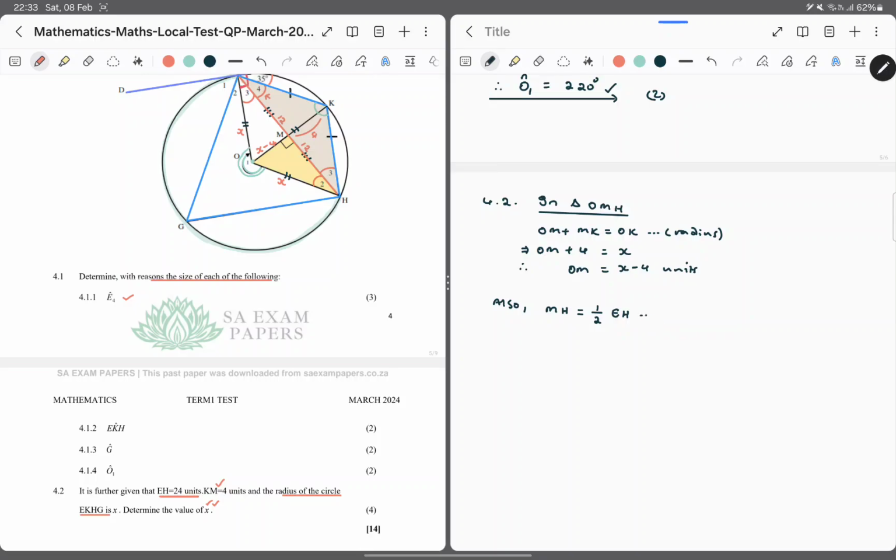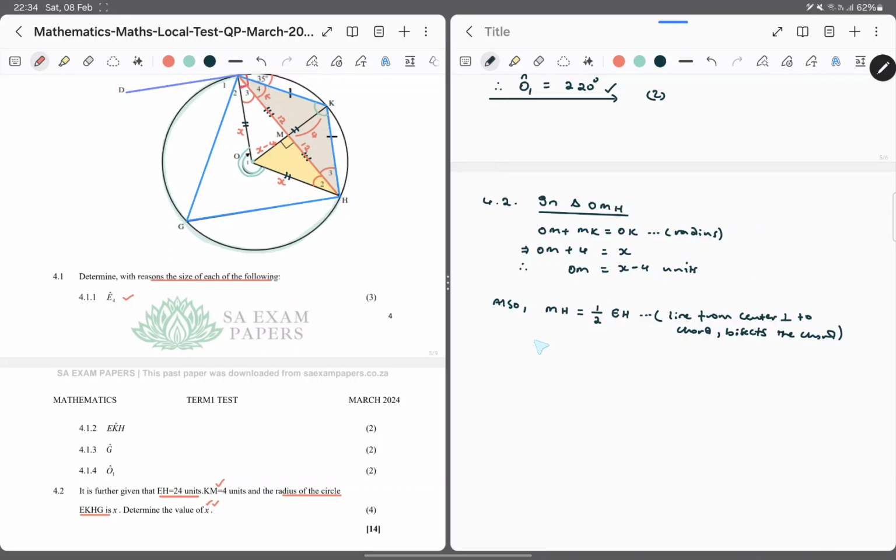Why do we know this? We know that the line from center perpendicular to chord bisects the chord. Of course, one can just say line from center perpendicular to chord. You can cut it there, it's fine.